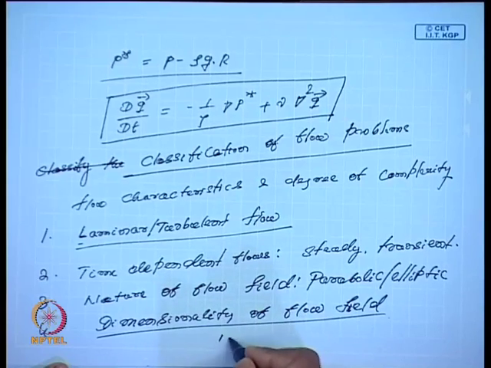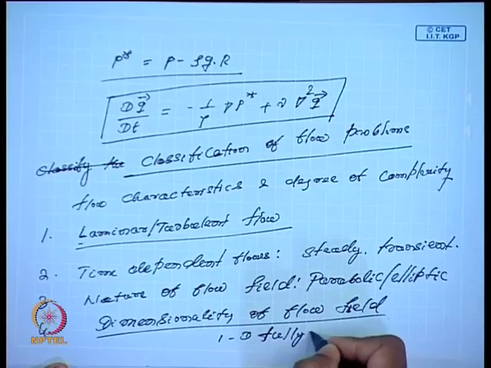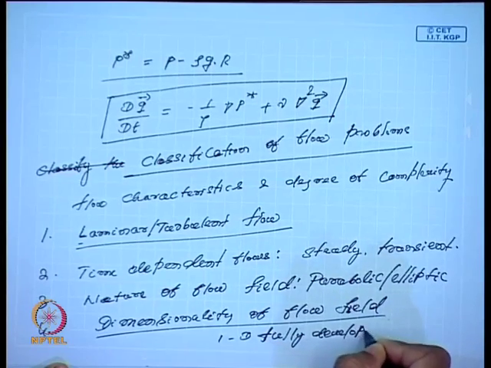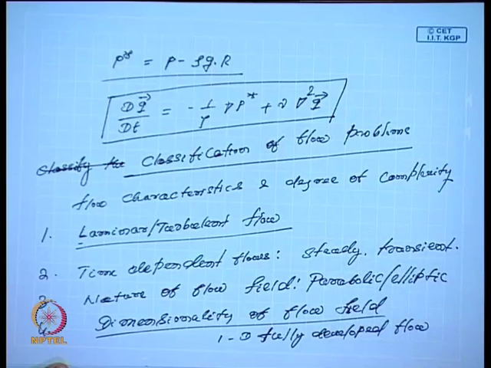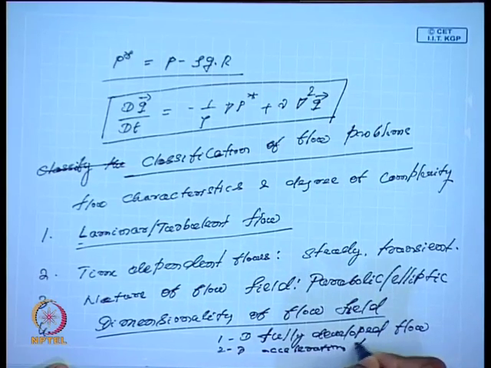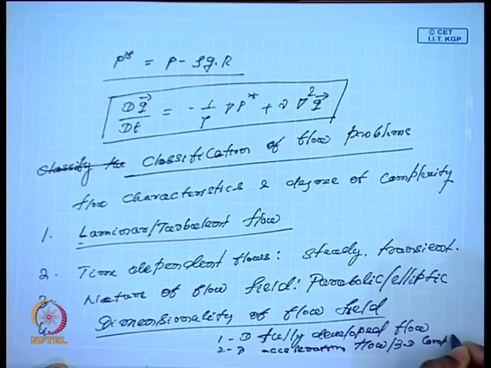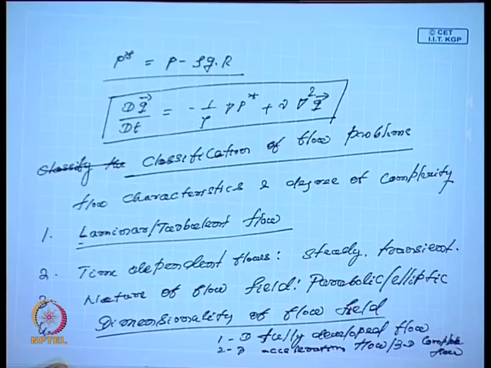It can be 1 dimensional fully developed flow, or it can be 2 dimensional accelerating flow, or it can be 3 dimensional complete flow. So, when it comes to dimensionality, these are the 3.